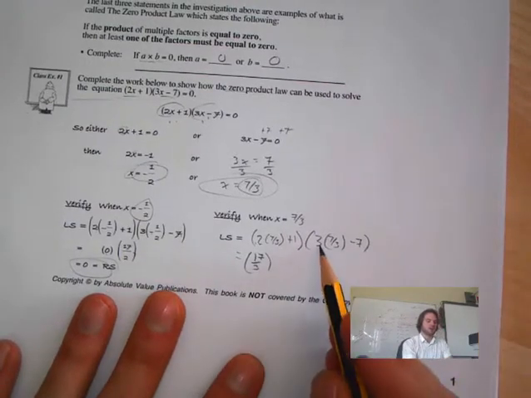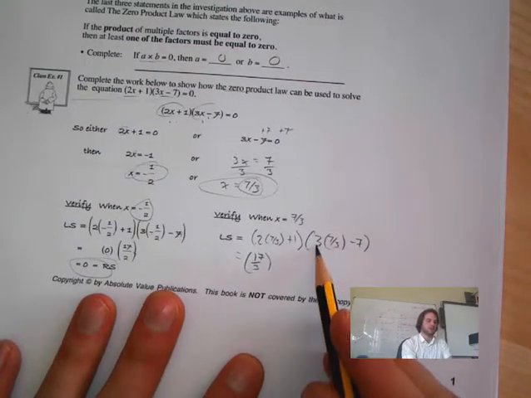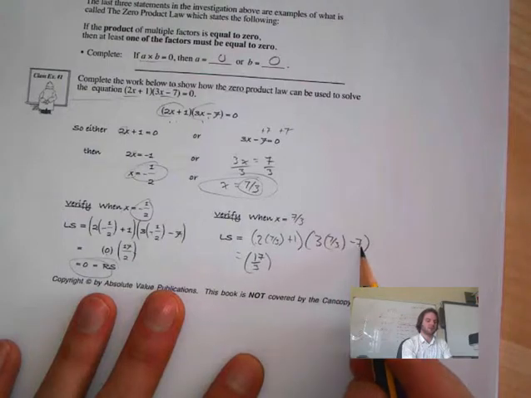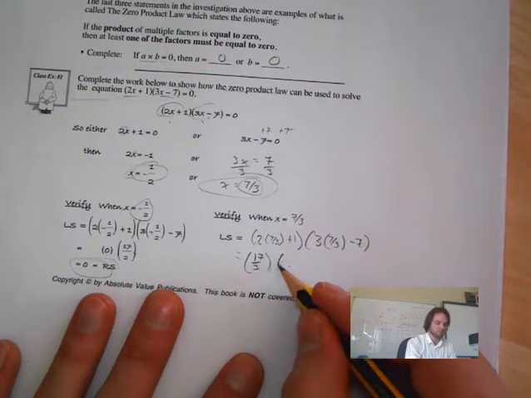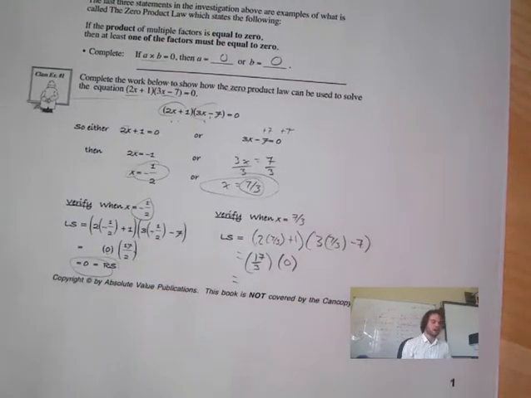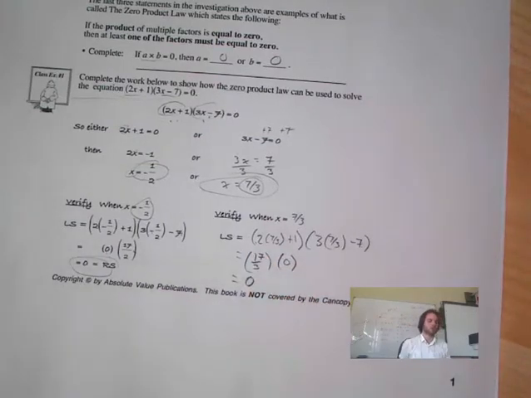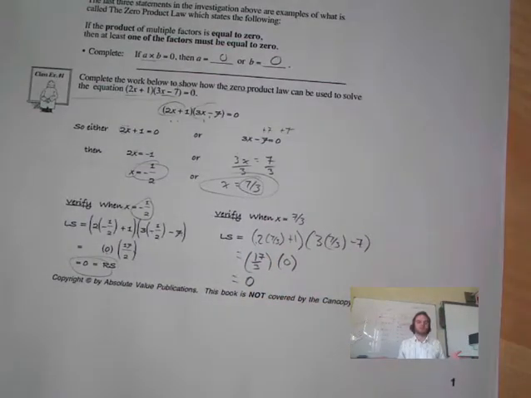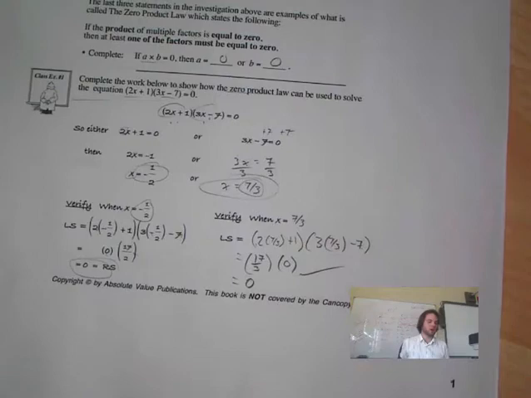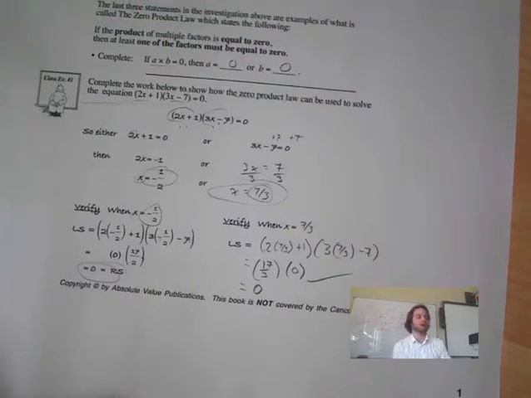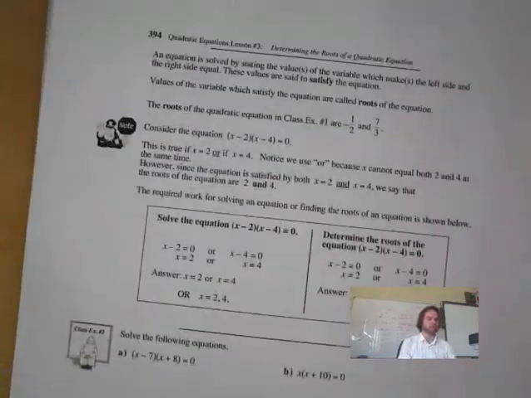And 3 multiplied by 7 over 3 is 7, minus 7 is 0. And that does work. This is equal to 0, because any number multiplied by 0 is 0. So this side works as well. Yay! We were correct, and it worked perfectly.